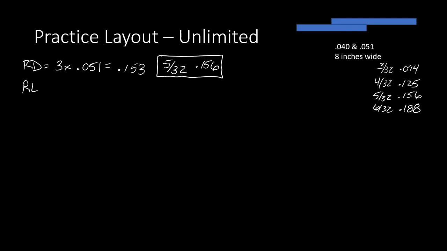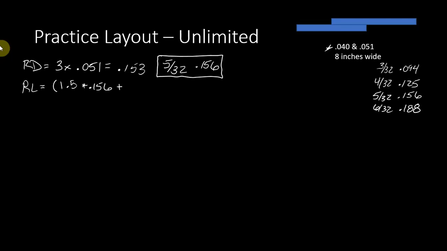So now I can figure out my rivet length. It's 1.5 times my rivet diameter plus grip. Remember, grip is these two numbers up here being joined.